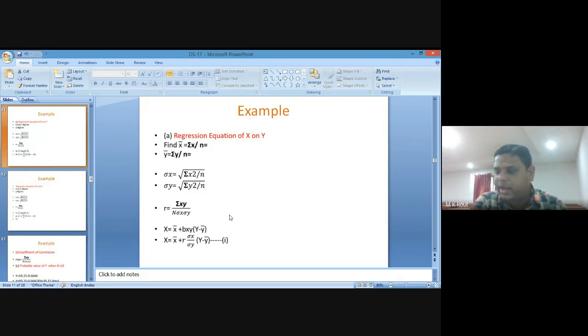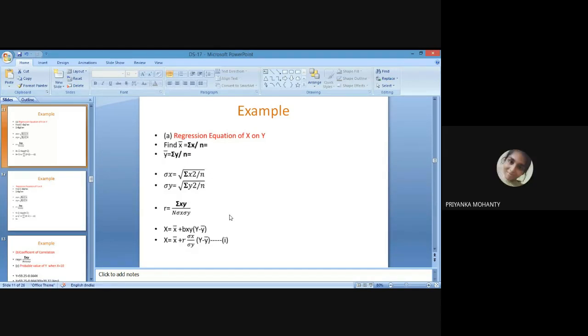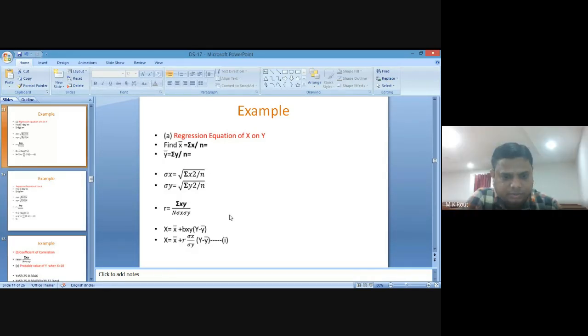And summation of xy equals -93, divided by 10 into 3.74 into 6.3. Okay, calculate that one.